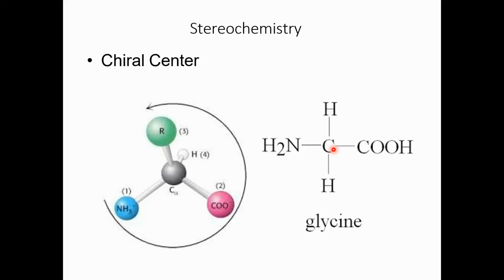But if the central carbon atom is not connected to four different atoms, and is attached to the same groups, it would not be chiral.